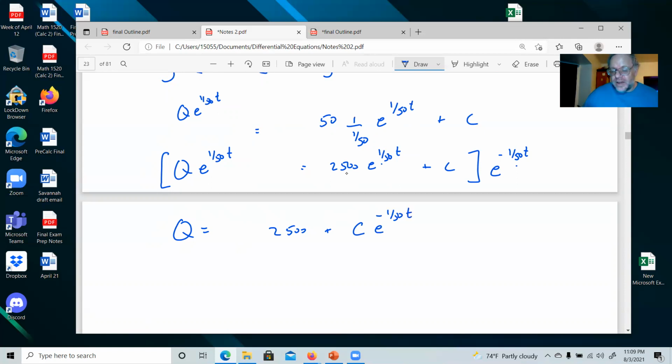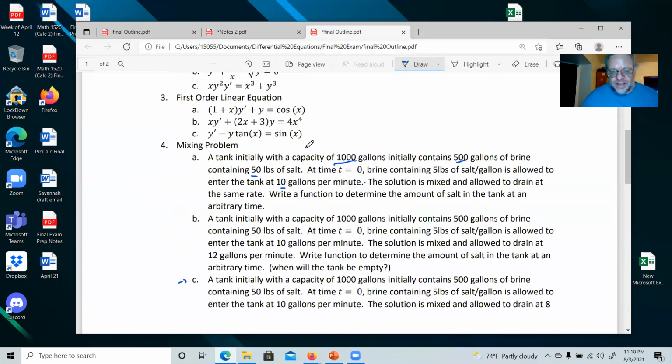Now, we're not quite done yet. Remember that first sentence of the problem? This is very typical in differential equations. The first sentence is your initial condition. At time equals 0, we knew that there were 50 pounds of salt in the tank.